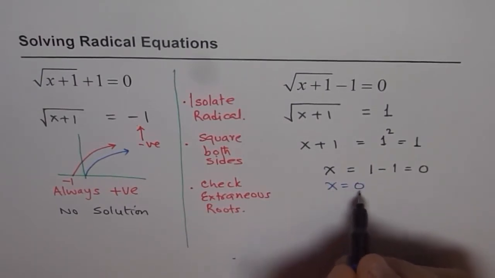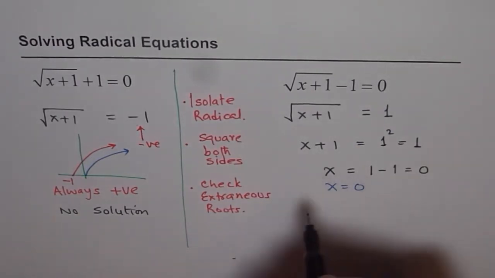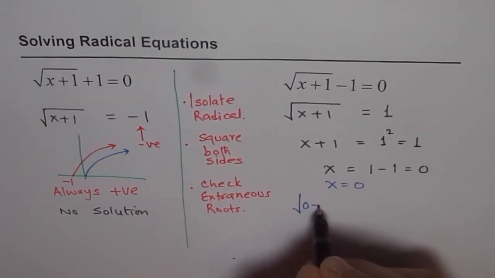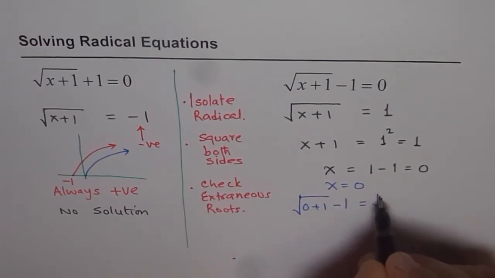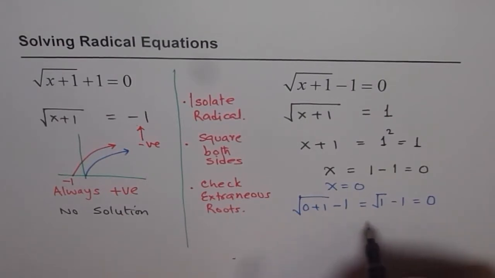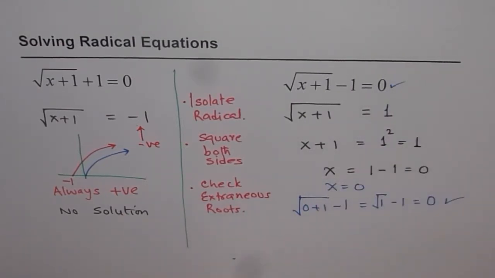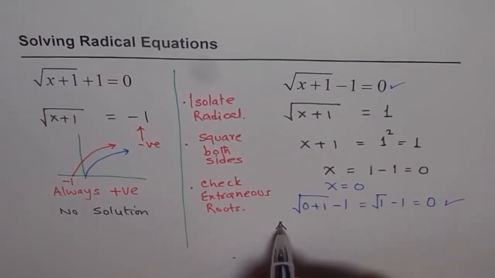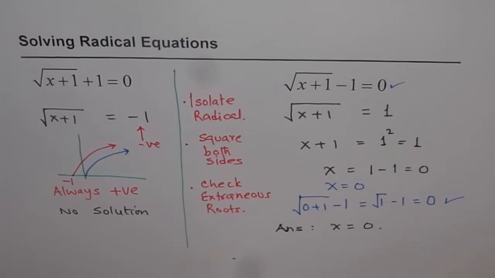So we can write x equals to 0 in our equation and check, do we get the right solution or not? So that is 0 plus 1 minus 1 equals to square root of 1 minus 1, which is indeed 0. And therefore, the solution is right. We do get 0, right? And now we can say for sure the solution is x equals to 0. So that is the solution.